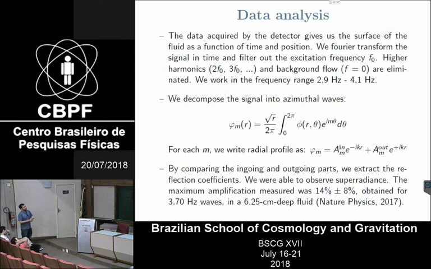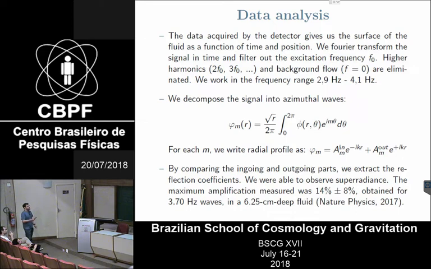First we Fourier transform in time, and we filter out the excitation frequency. We know what frequency the wave generator is producing because we set it, 3 Hertz, for instance. So we know that the waves will have 3 Hertz, and we filter our signal around 3 Hertz.